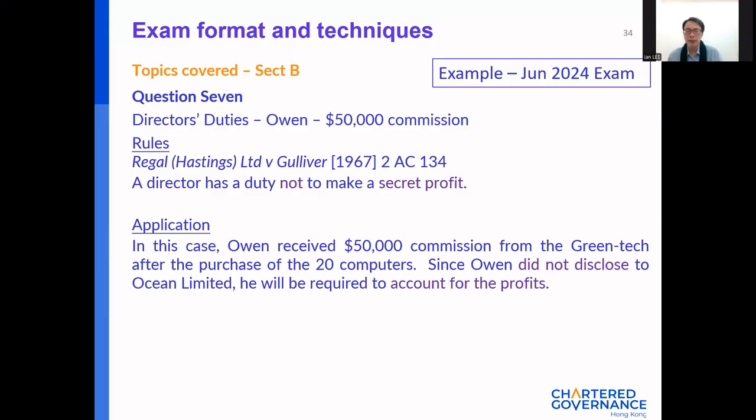Very commonly, if you have a situation where you may benefit from a transaction, you will need to declare to the company beforehand and get approval. In this case, Owen received a $50,000 commission from Greentech after the purchase of the 20 computers. Since Owen did not disclose to Ocean Limited, he will be required to account for profits, meaning the $50,000 needs to be paid to the company.